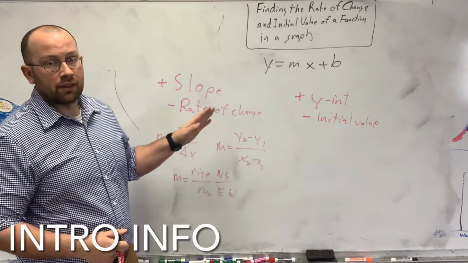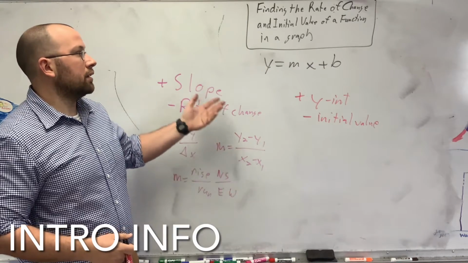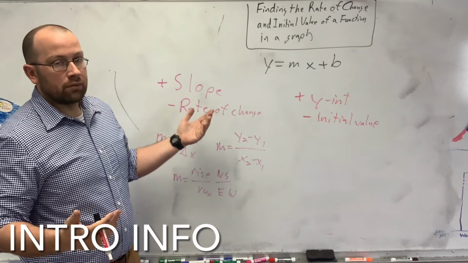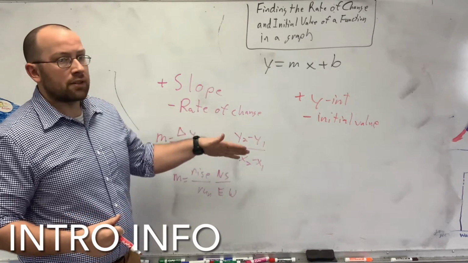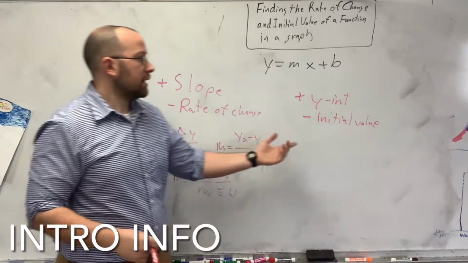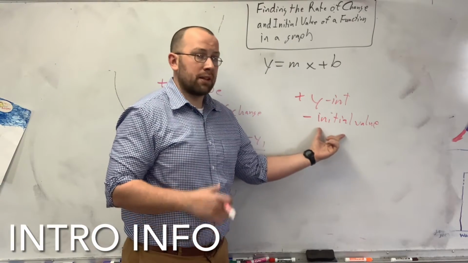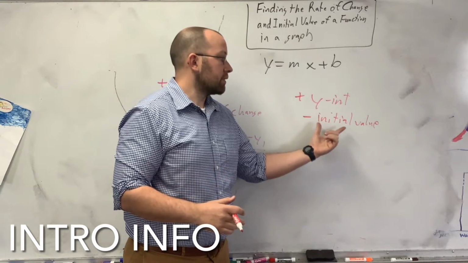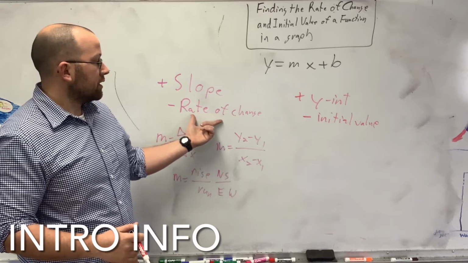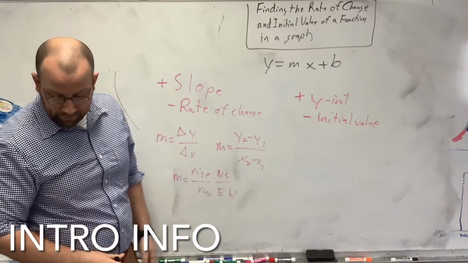Let's say I'm renting a bicycle, and I have to pay $10 of insurance just to get the bike. If I don't ride it at all, I pay $10. That's how much I initially have to pay no matter what. $10, that's your y-intercept, that's what you start at. And then it changes by however much you're paying after that.